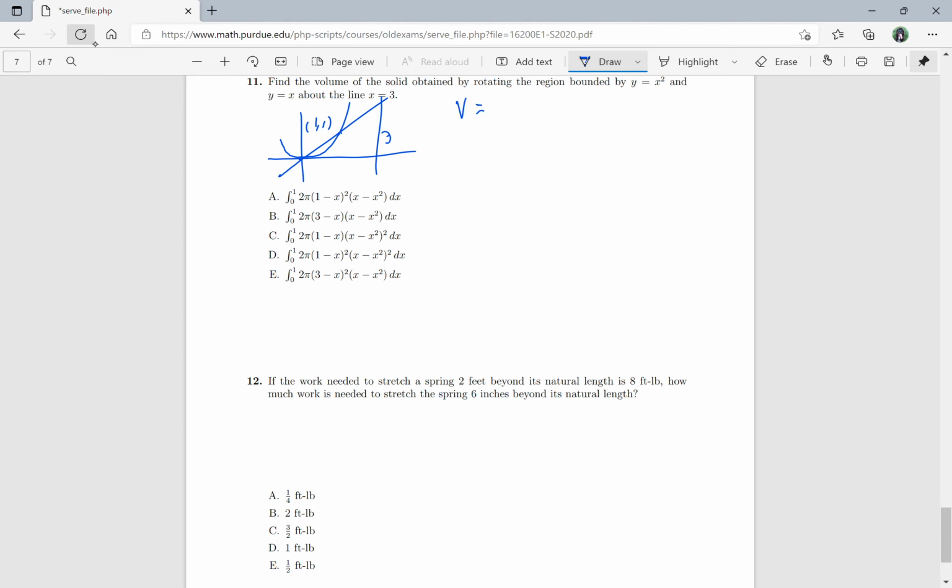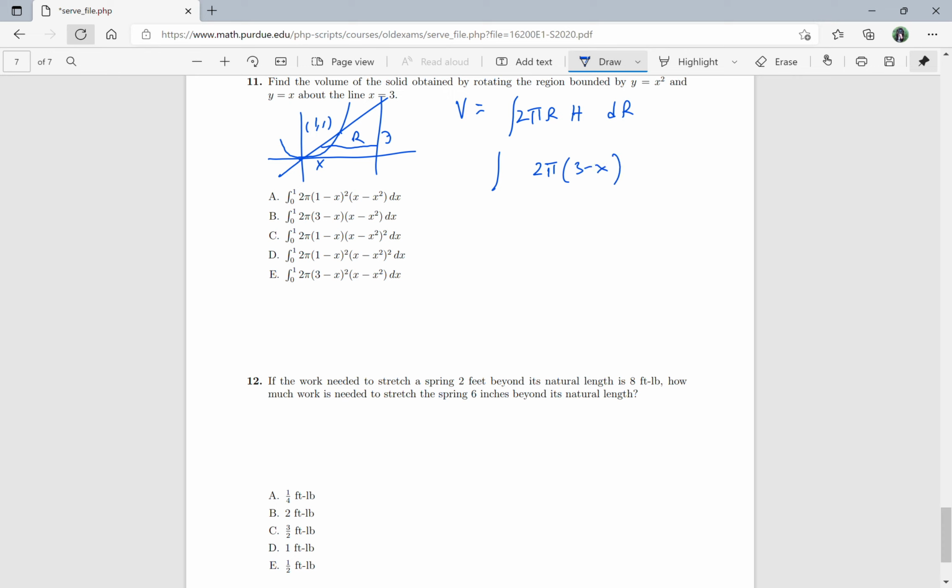And the volume would be the integral of 2 pi r h dx. So let's recopy the 2 pi constant multiple in front and say that our radius is from the current x value to 3. That's a final minus initial of 3 minus x.